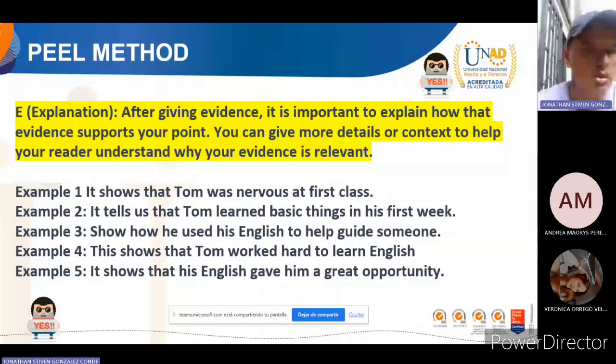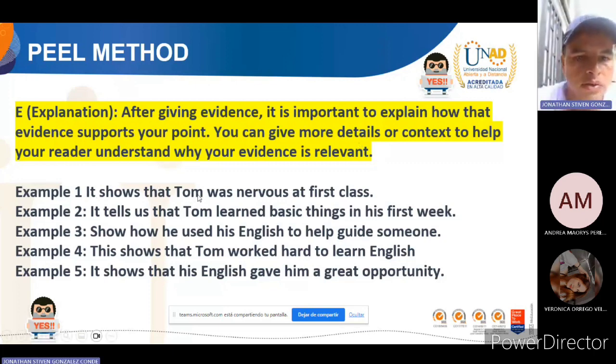Then you need to do an explanation. Okay, the letter E represents explanation. After giving evidence, it's important to explain how that evidence supports your point. You can give more details or context to help your reader understand why your evidence is relevant. Let's see the examples, okay?